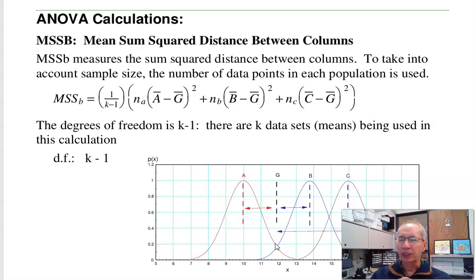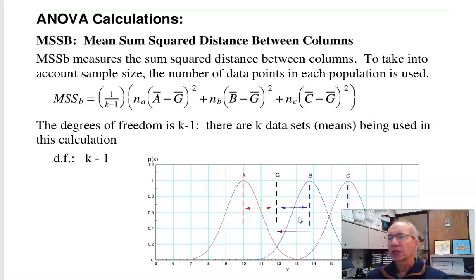The correct way, in my opinion, to do this is you find the global variance. If you have all the data, what's the variance of A, B, and C lumped together as one giant population, which would be each data point in A relative to the global mean, plus each data point in B relative to the global mean squared, plus each data point in C relative to the global mean squared. So what's that distance? Add them all up. That's mean sum squared between columns, also known as the global variance.